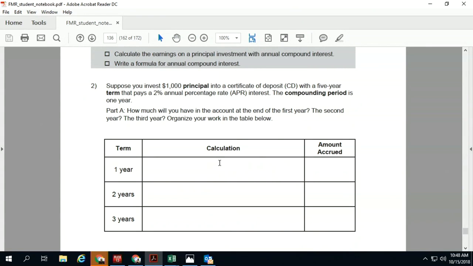Okay. We are going to get started down this thing of accruing interest. So let's make this chart here. We're going to go for 1 year, 2 years, 3 years, and we're going to have a calculation and an amount accrued. We are going to have $1,000 over 5 years, 2% annually.